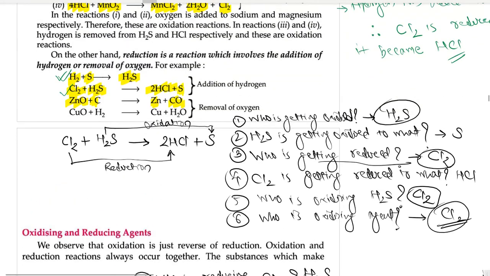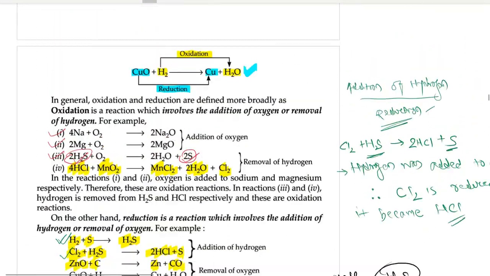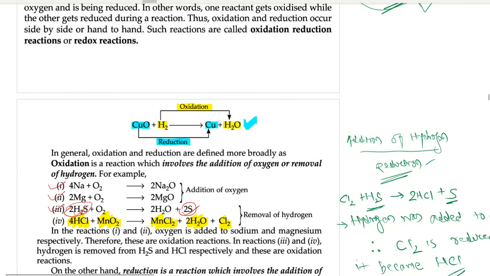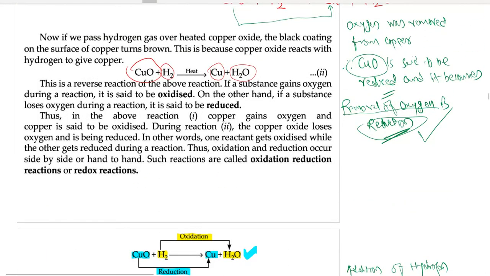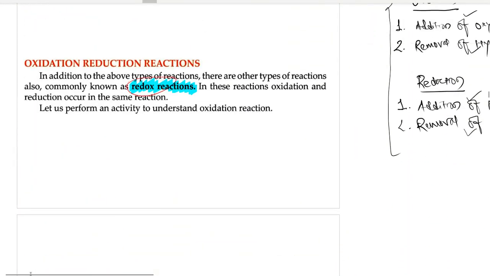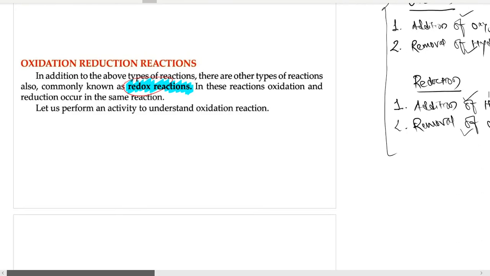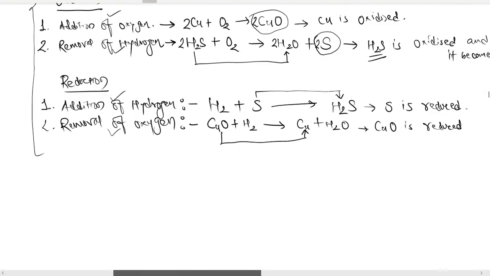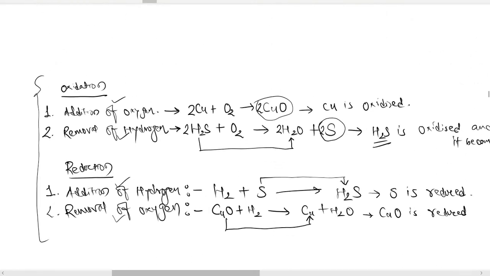If you once more want me to give you a clear indication about what is oxidation and what is reduction, I will tell you only one thing. Oxidation and reduction reactions are known as redox reaction because they occur simultaneously, and this is how I can define them. Oxidation is addition of oxygen or removal of hydrogen.